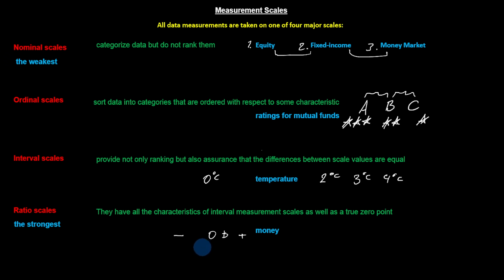So we have a true 0 point. We know the distance between each observation, and it's equal. And also, if you have, let's say, $5 and $10, $10 is clearly twice as much as $5, right? So there you have it. Ratio scales take care of all the problems.